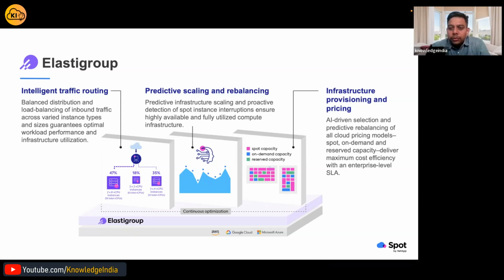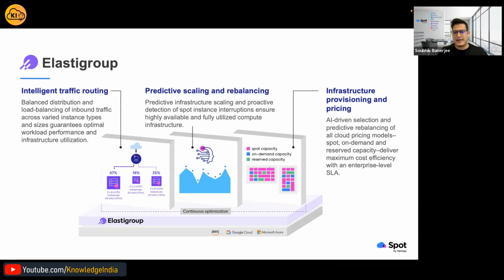Yeah, basically, these are the points where we stand out. We provide you the ability to run your instances optimally across all the three instance types, whether it's on demand, spot, or reserved instances. And the continuous optimization happens continuously to check if there's a way to save money.